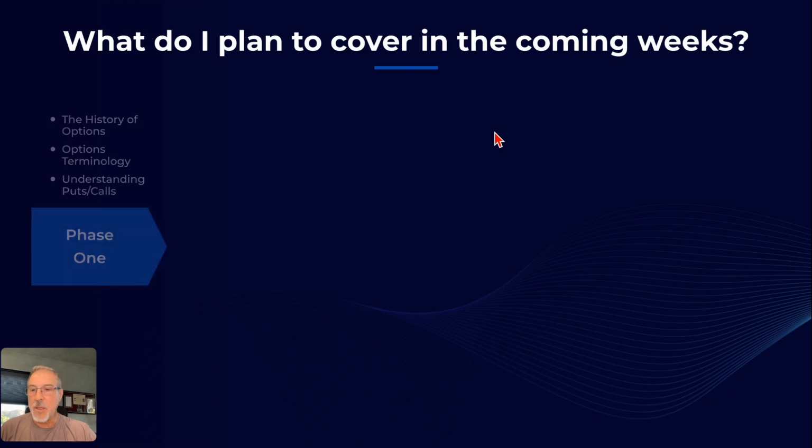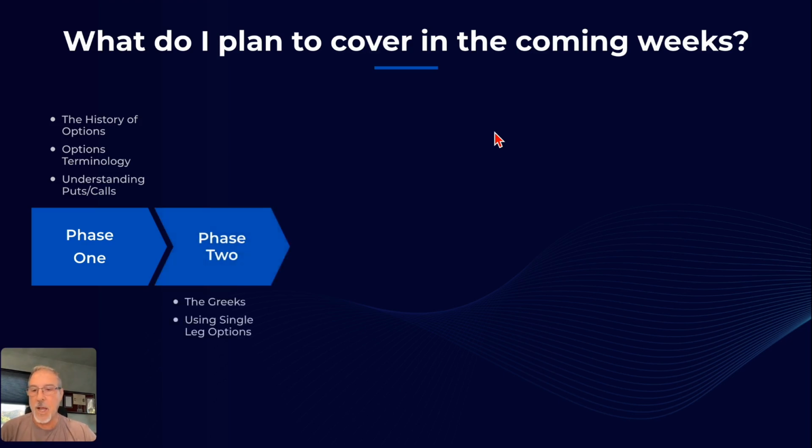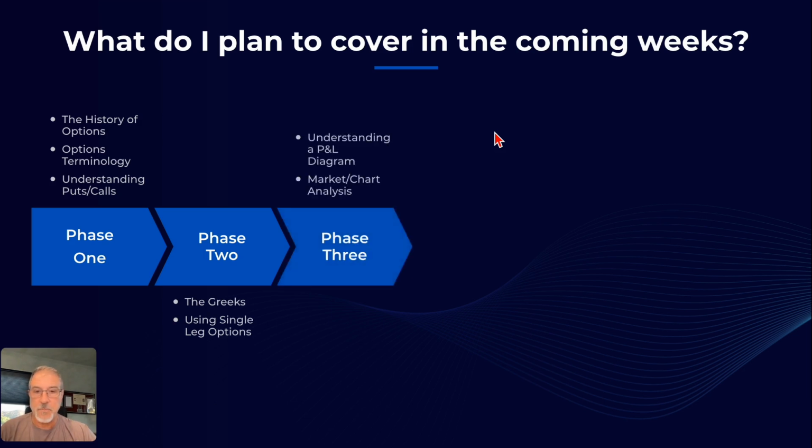Basically, today, in phase one, I want to look at the history of options. Then in a subsequent section, we'll get into options terminology, and understanding puts and calls in more detail and how they work. Then there's going to be a session on the Greeks. After that, a session or two on single leg options, the pros and cons of that.